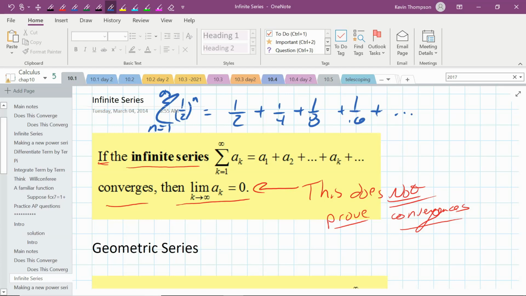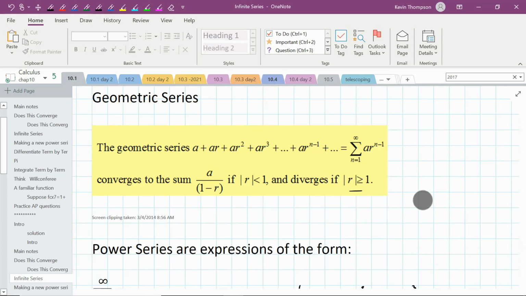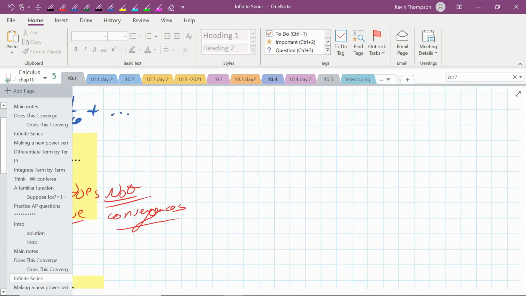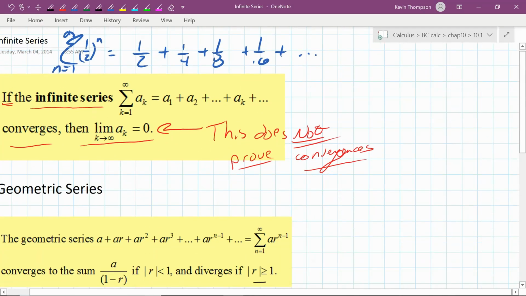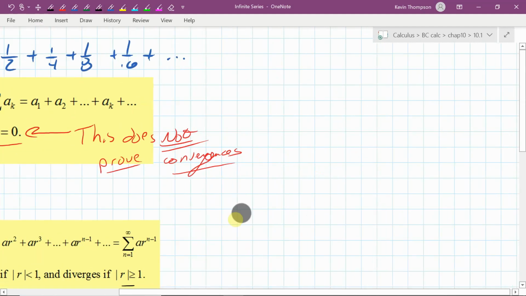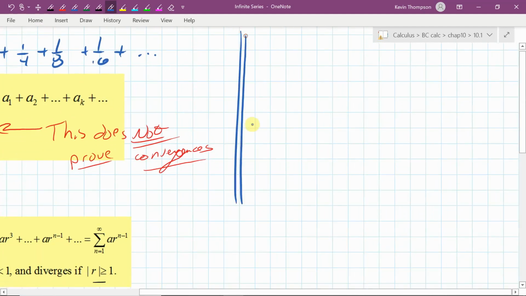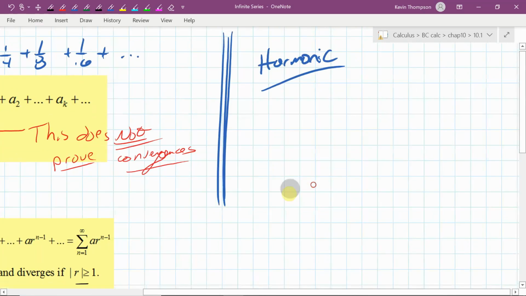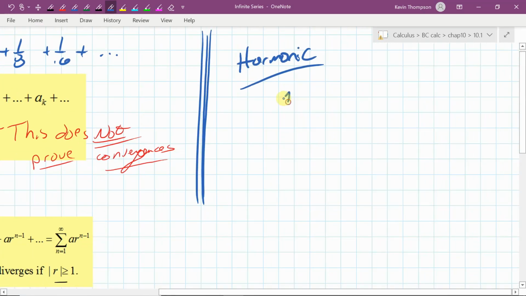There's a series that we're going to see a lot that is worth mentioning right now. It has a special name. It's called the harmonic series.